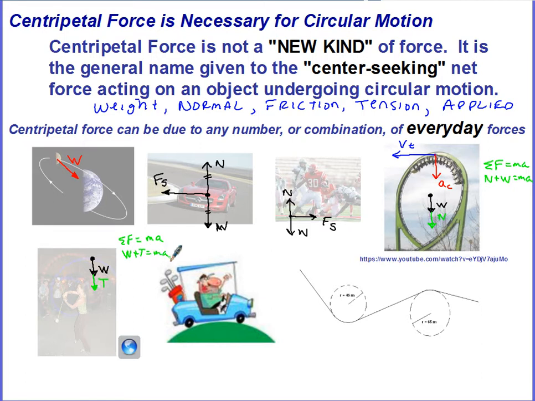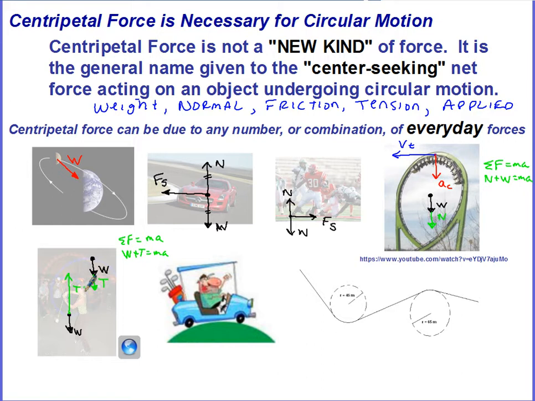Now, when we consider down at the bottom, the weight force still acts down, but now because my unbalanced force has to be pointed towards the center, the tension force actually needs to become much larger here.